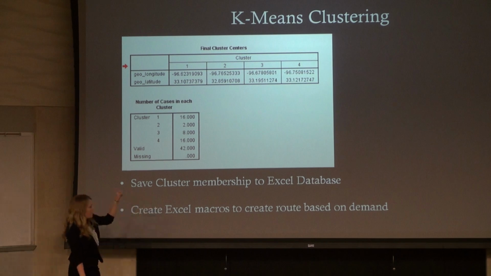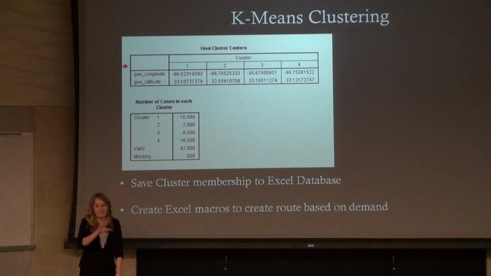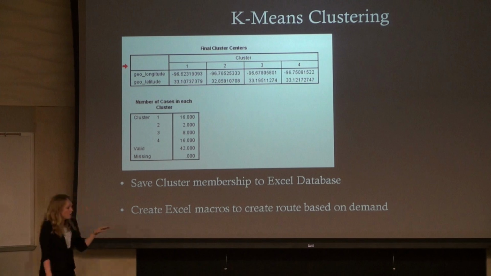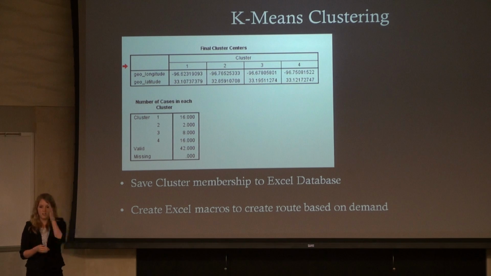Two of those are our addresses, basically my name, and we used them just to test, because they were farther away from all the other ones. We wanted to test that the distance formula was actually working and that it put those 2 together. So that's why there's only 2 in that one. And the really neat thing about K-means clustering in SPSS is it'll save the cluster membership.